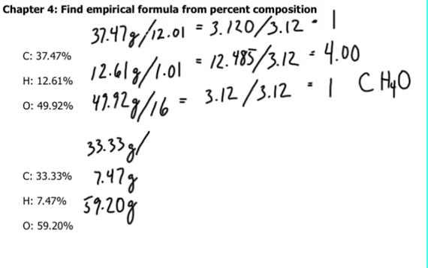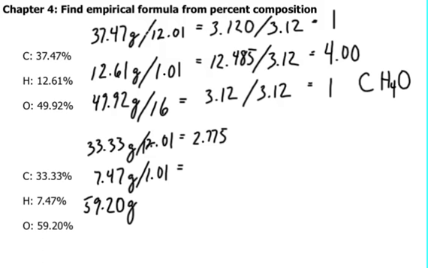All right, so dividing this by the molar masses, 12.01: 33.33 divided by 12.01 equals 2.775. Notice I'm not rounding too much when I do this. I want to keep some digits because if I start rounding too soon, I can end up getting a wrong answer at the end.